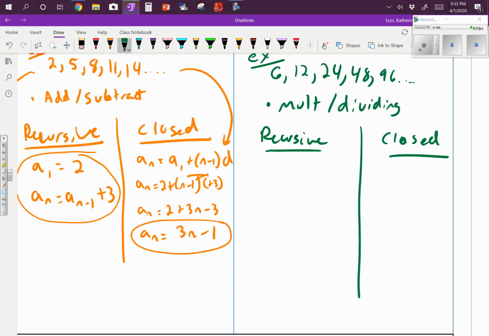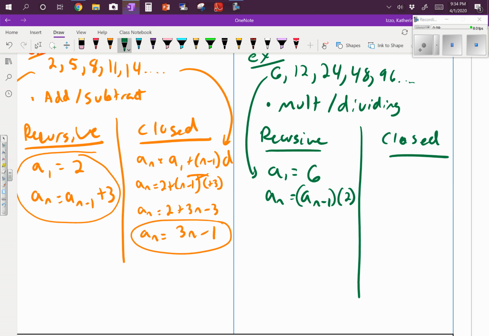The recursive form would be a1 equals something, and a_n equals a_(n-1) times r. For this example, we start at 6, and then each time we have to multiply by 2.